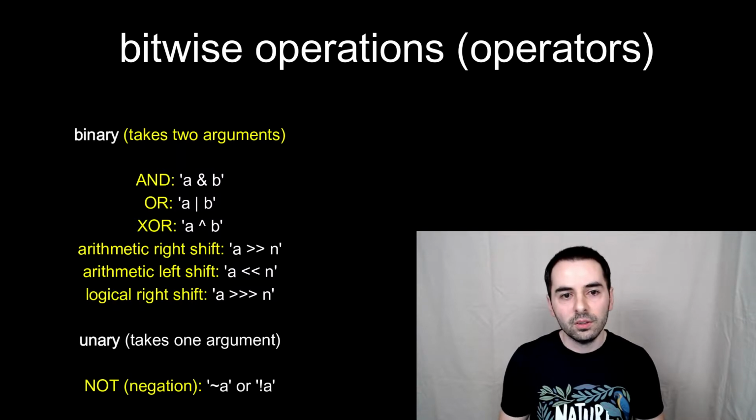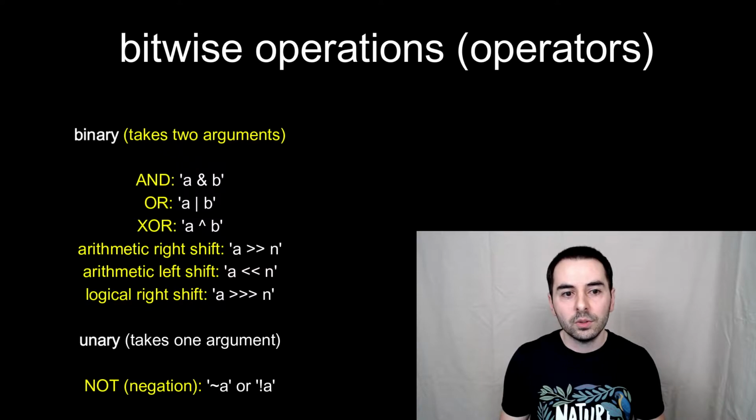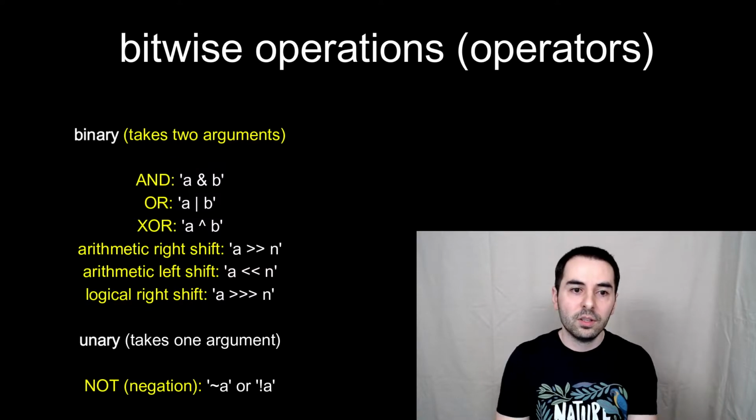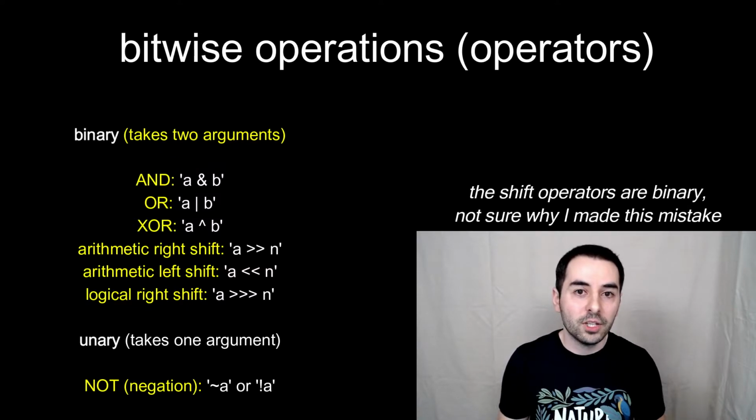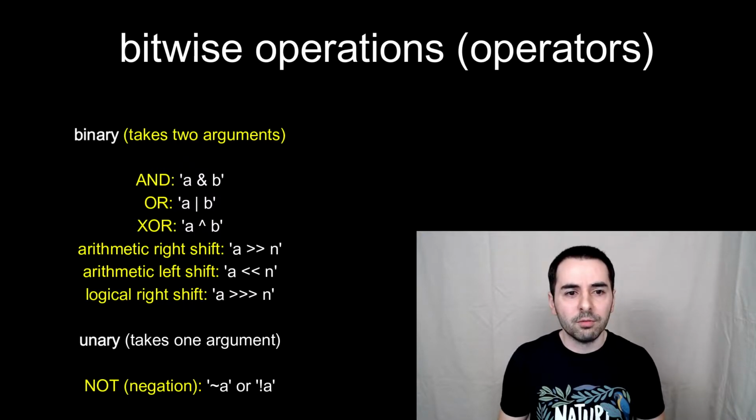We have several binary operators, where binary means it takes two operands: AND, OR, and XOR, or exclusive OR. And there are also unary operators, which take only one argument: NOT, right shift, left shift, and logical right shift. Let's go through the definitions of these.